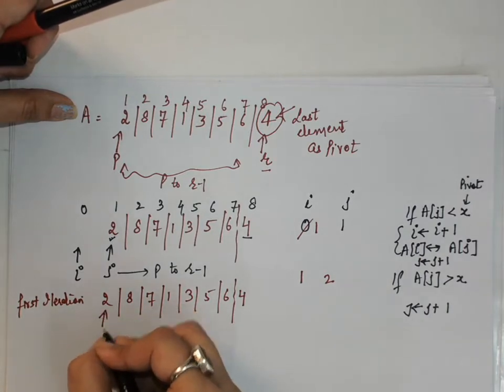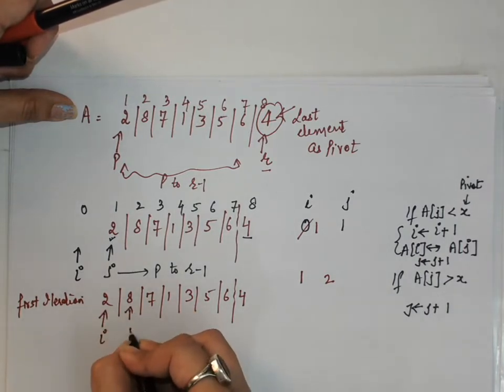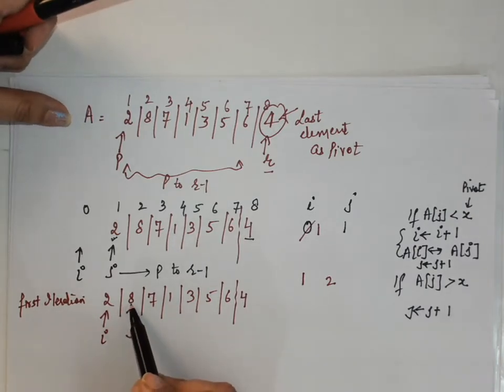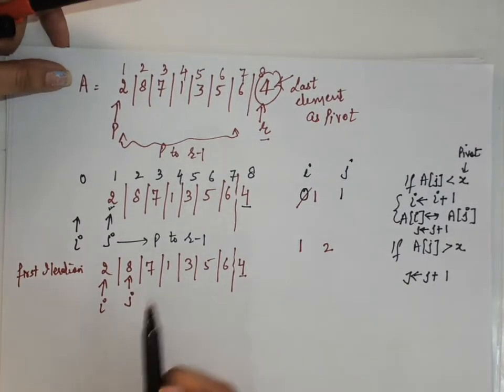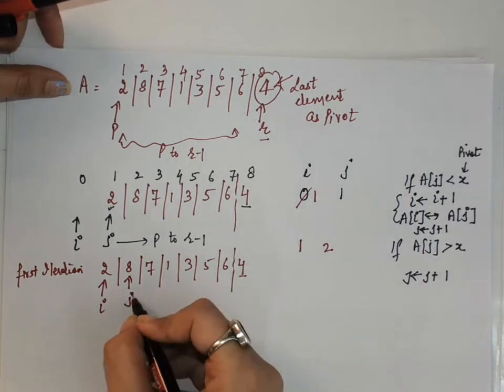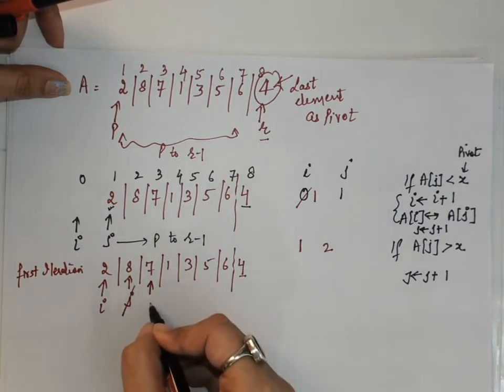Now my i is here, my j is equal to 2. Now again compare a of j with your pivot element. This 8 is greater than 4, so no action is required, simply increment j by 1.